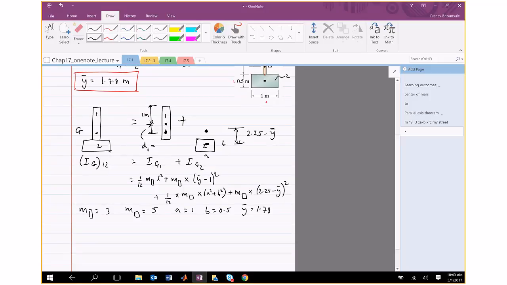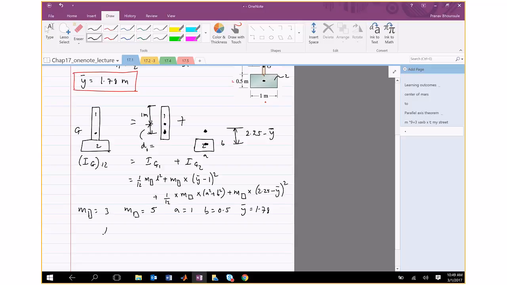So all those things in the formula are given. So I can now compute Ig12. The answer is 4.45 kg meter squared.